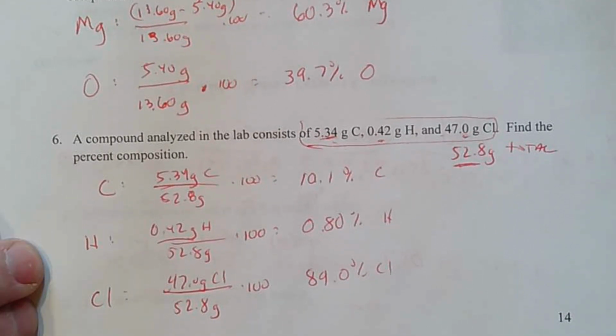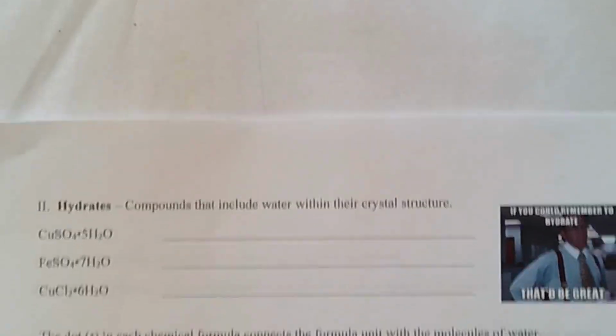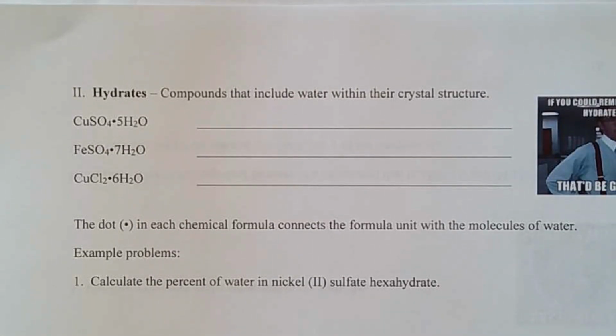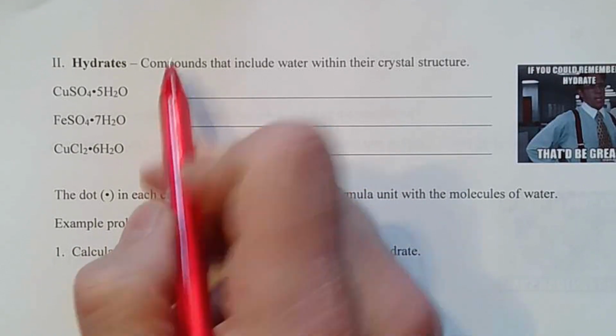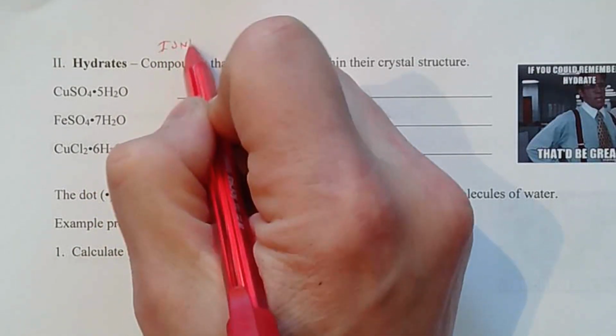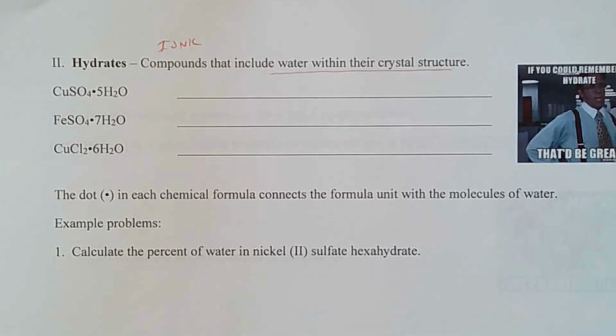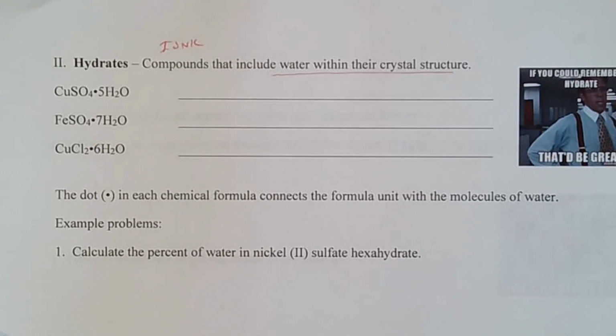Okay. Now, one last topic that goes along with this. We want to talk about hydrates. Hydrates are ionic compounds that include water within their crystal structure. You've worked with some hydrates already, but you just haven't noticed that they were hydrates.